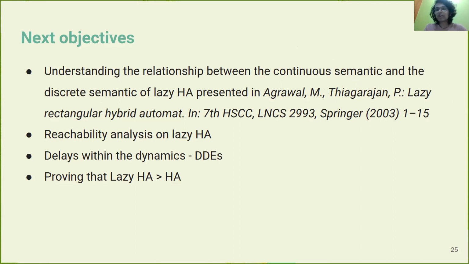But a strong difference is that we consider continuous time semantic of evolution of the system, whereas they consider a discrete semantic of the lazy hybrid automata. But I would want to discover how we can relate these two, and whether one can help obtain results on the other.